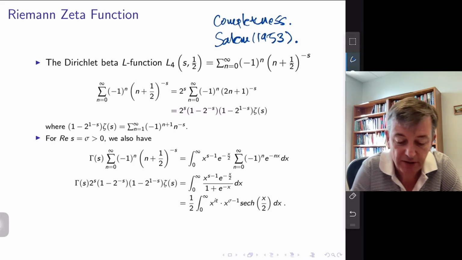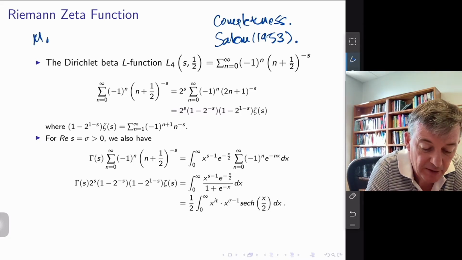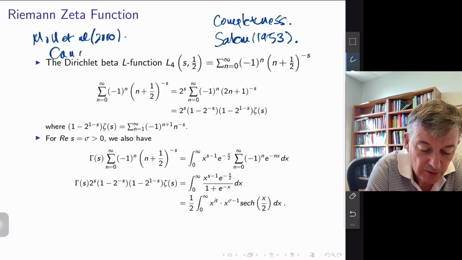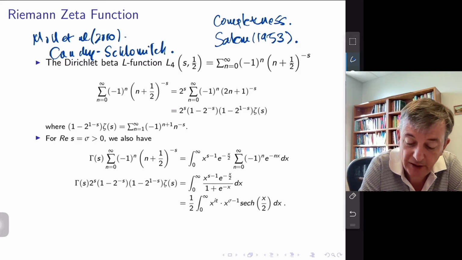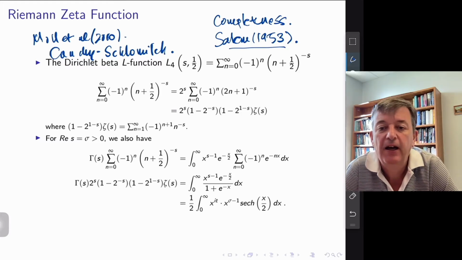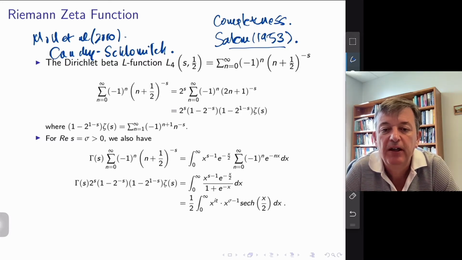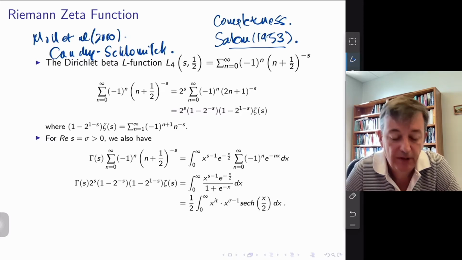And a more recent paper by Moll et al. in 2010 on something called the Cauchy-Smolich transformation also has similar identities as well. And if you look in the Salem paper, he shows how you can interchange integrals and sums and find these identities.